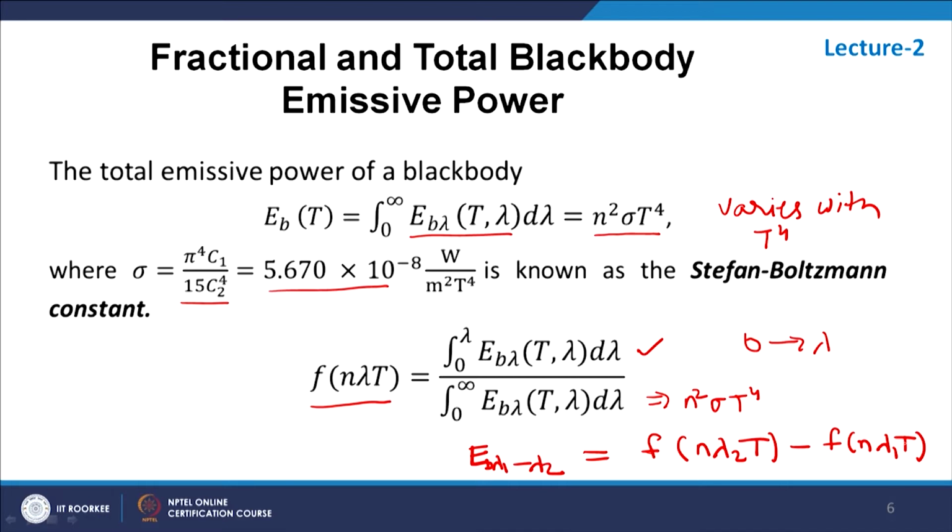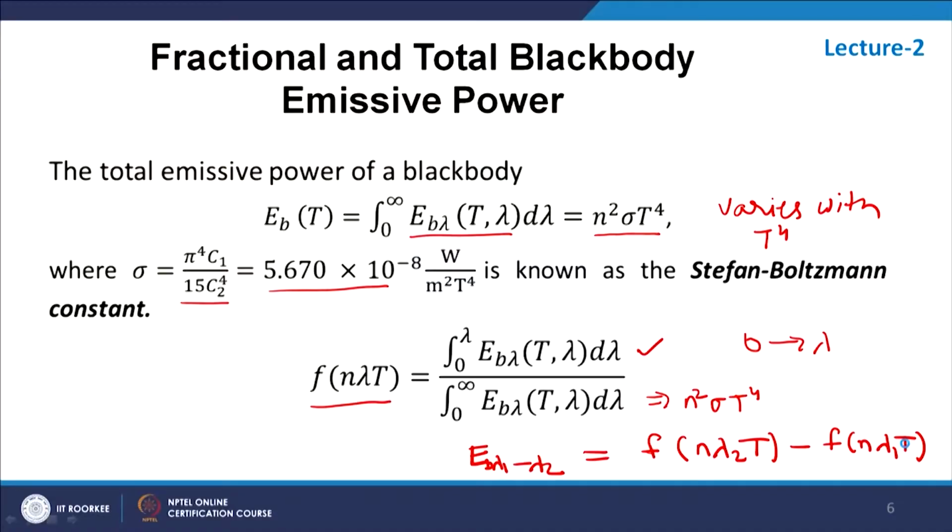So, the difference between these two will be the amount of energy emitted between lambda 1 and lambda 2.